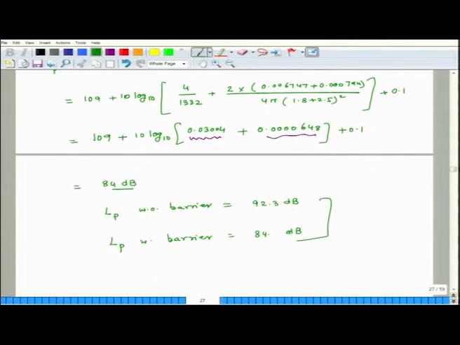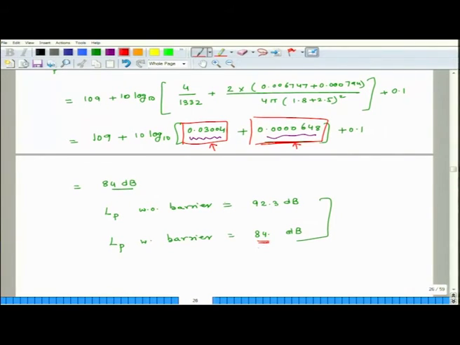And most of this reduction has come because of reduction in this term. Now, if I reduce this term even further, this 84 decibel will not go down significantly, because it is already pretty close to 0, right. But the barrier will not do such a great job in reducing this term.